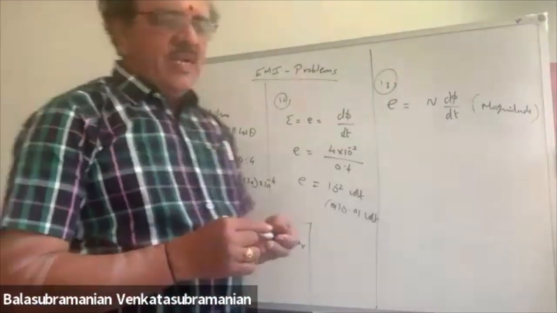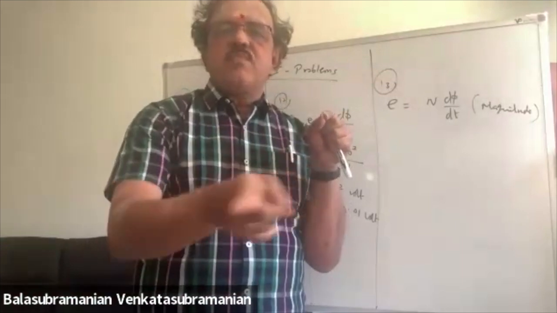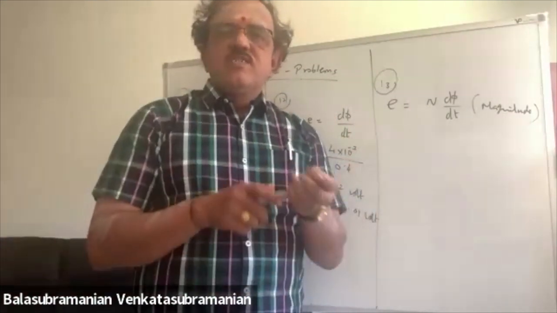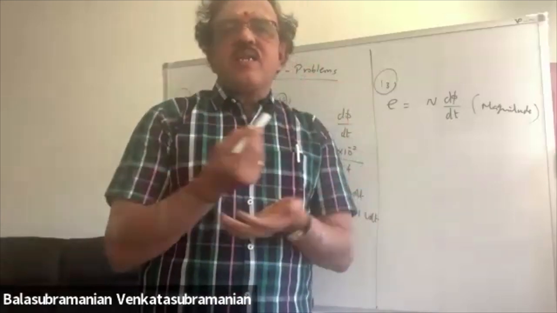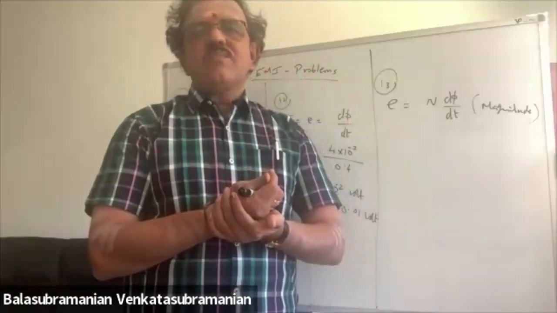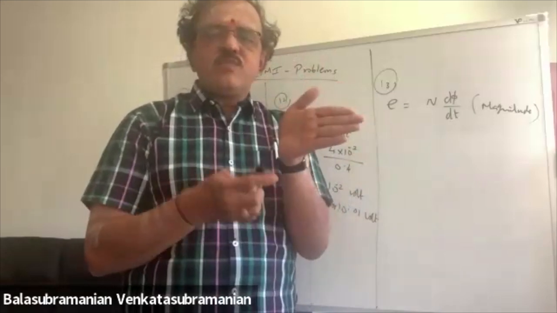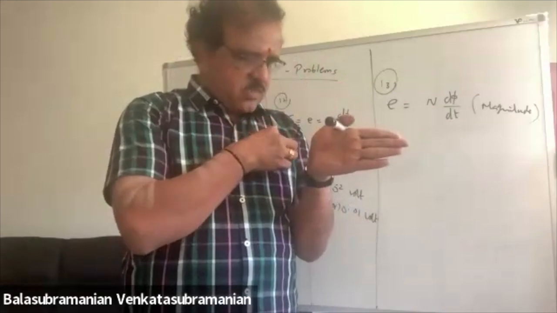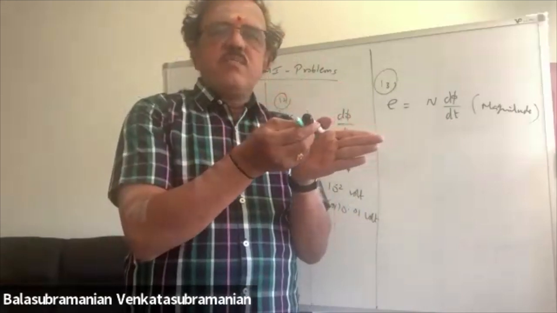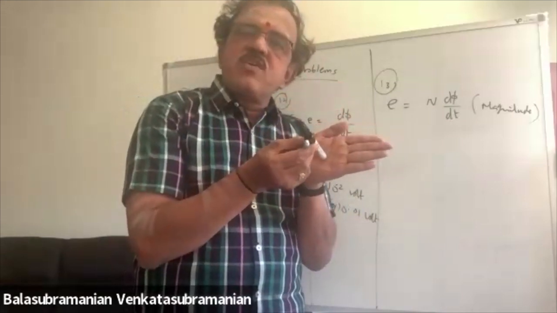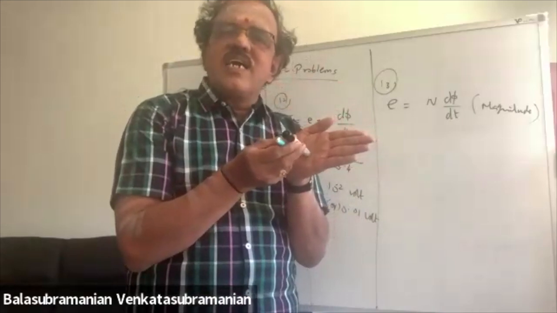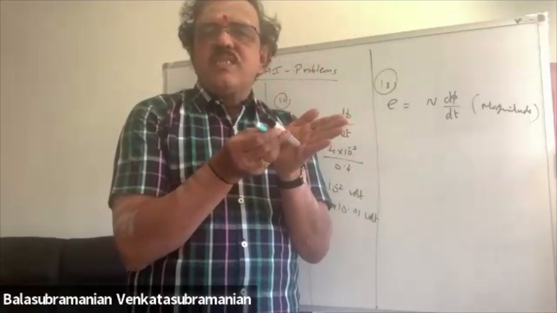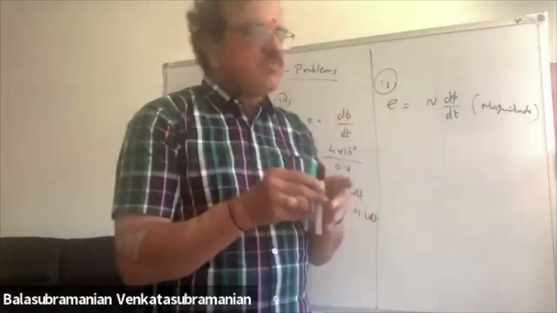Plane of the coil is already perpendicular with the magnetic field. The plane itself is placed perpendicular. So, normal is parallel now. Normal and magnetic field. Plane is perpendicular means this is normal. This is magnetic field. Magnetic field is passing perpendicular to the plane, but theta is the angle between normal and magnetic field. So in this case, theta is equal to 0.